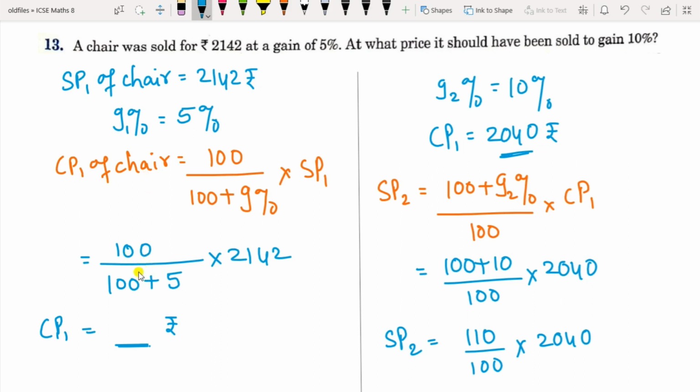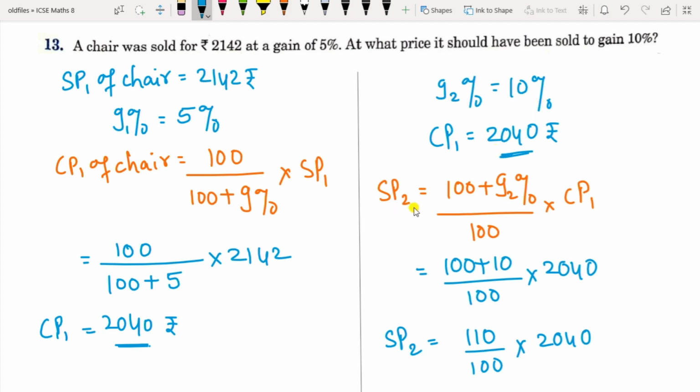So after solving, it will be 100 upon 105 multiplied by 2142. You will get the cost price as 2040 rupees for the chair. Now the new gain percent, gain percent 2, has been given as 10%, and this is your cost price.